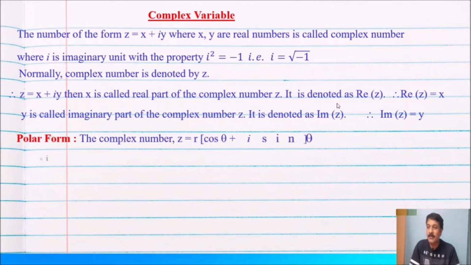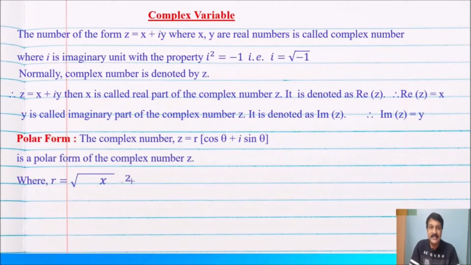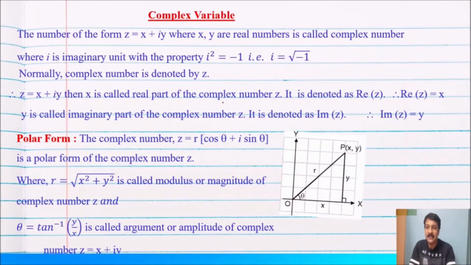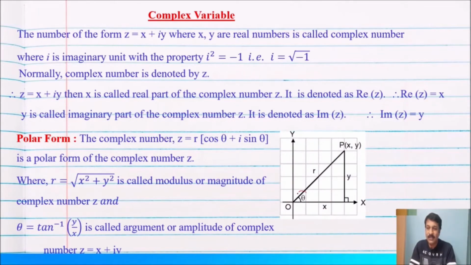Now the polar form of the complex number. If we consider the complex number in the form of r and theta, as we know z equal to x plus iy, right? And by this figure, cos theta is x by r and sin theta is y by r, and by using this I will get z equal to r in brackets cos theta plus i sin theta.